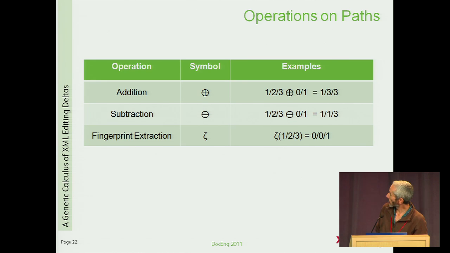So adding 1 to the second level gives 1, 3, 3, starting from 1, 2, 3. Same symmetric example with subtraction. And the last function is a function that allows us to capture the signature, if you want, the depth of the operand. And together, it's really useful to propagate the modification when you use operations on paths.